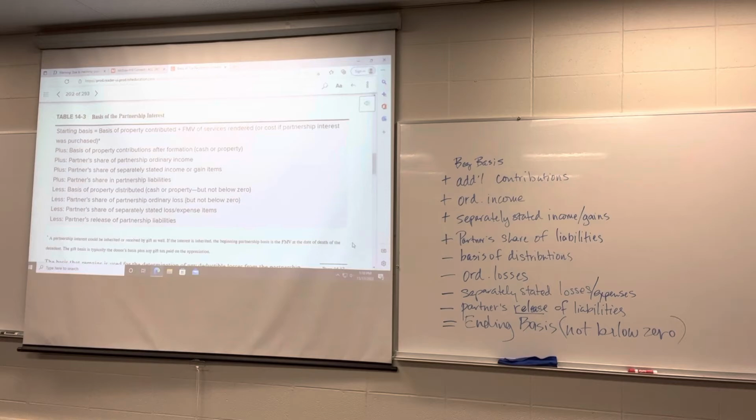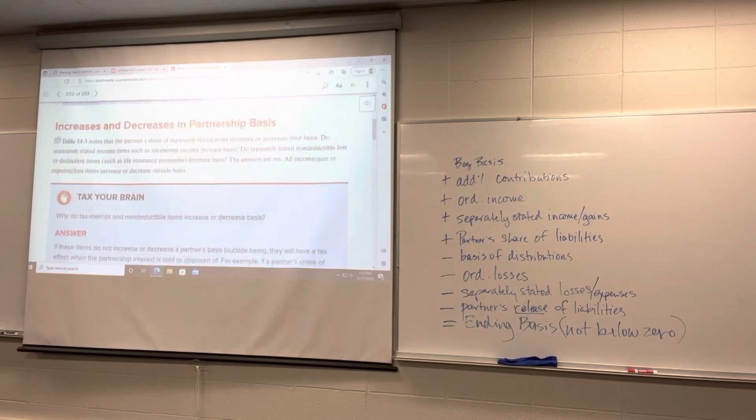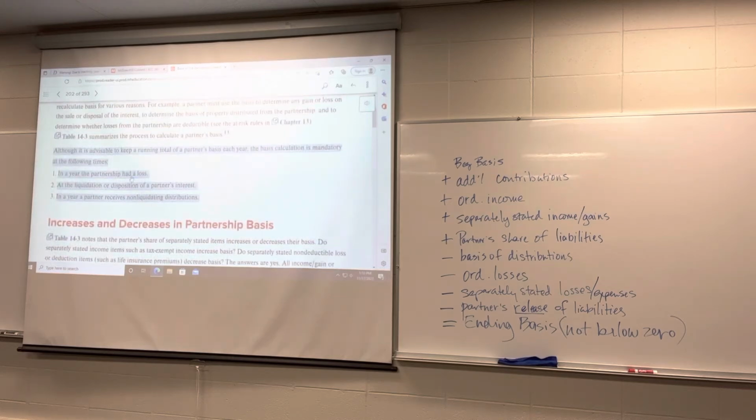Remember, we need to know basis at the time that we have a loss. So those ordinary losses reduce basis. Anytime we have one of those, we've got to know what our basis is. Liquidation or disposition of a partner's interest.